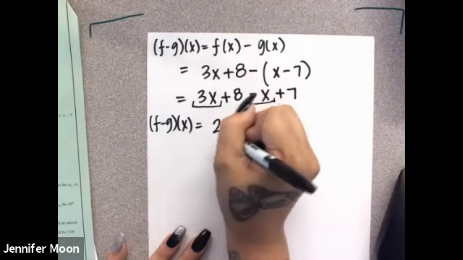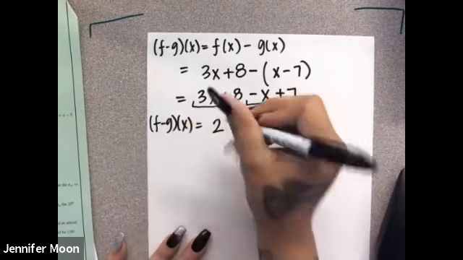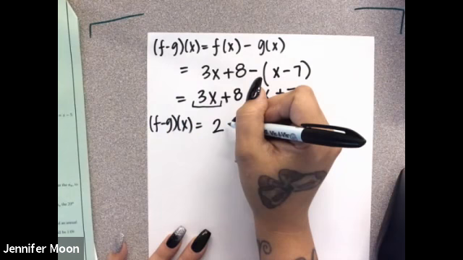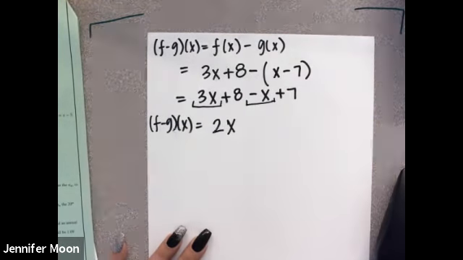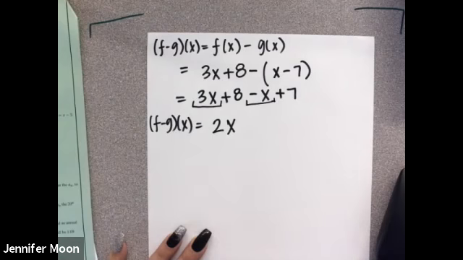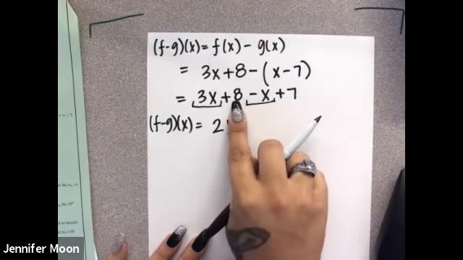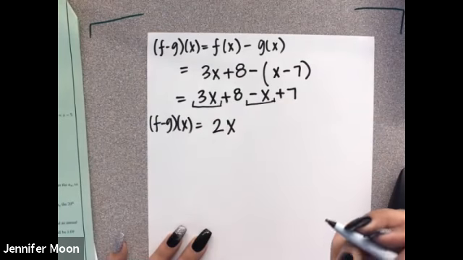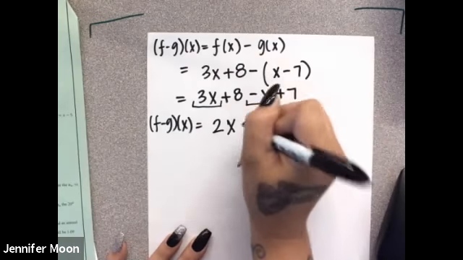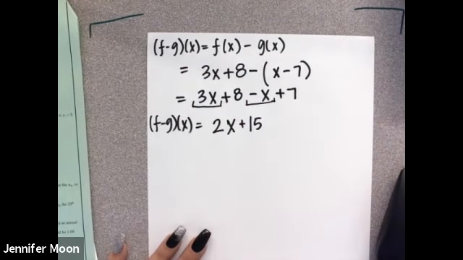Signs are different, so I subtract. I keep the sign of the larger. Because I'm combining variables, I keep and keep. That's just 3x minus 1x is 2x, okay? And then here, positive 8, positive 7. Signs are the same, so I add and keep, 15.